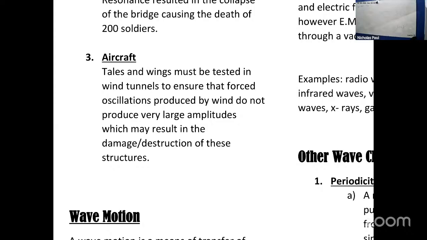You need to see your wing. I got it. That's fine.